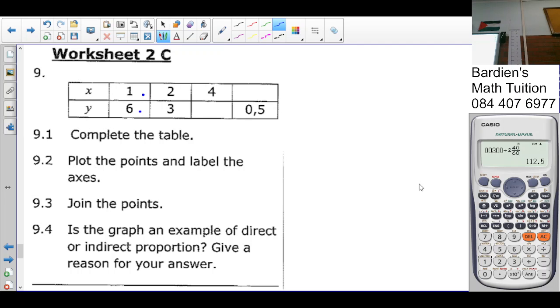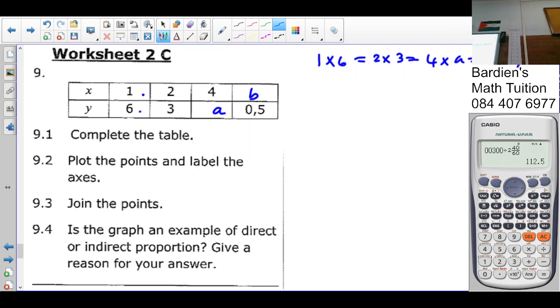Earlier on, it was the division one. Here it's the one that you multiply. Can you see the difference? So what do we say? 1 times 6 is equal to 2 times 3, which is equal to, then put the A and the B here, 4 times A, which is equal to 0,5 times B.